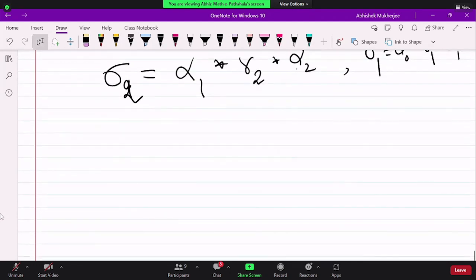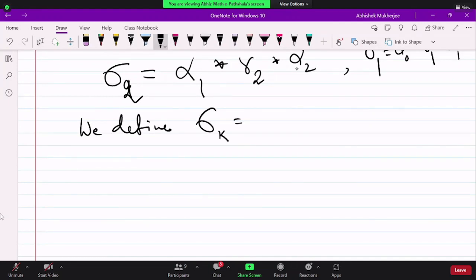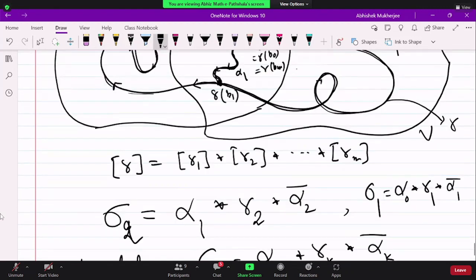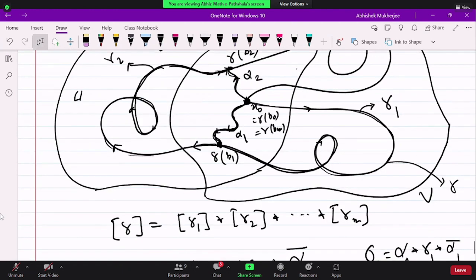In this way, you can define in general sigma k as alpha k minus 1 star gamma k star alpha k bar. If you look at the loop sigma 1, you will see that it is lying in V, not solely in U.